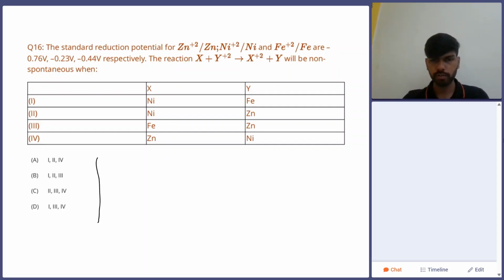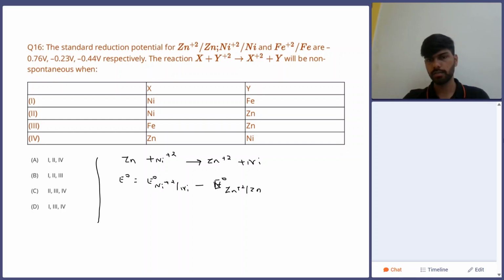Okay, so first of all we can say if we have Zn + Ni2+, it gives us Zn2+ + Ni. E naught, if you calculate, is equal to E naught of Ni2+ to Ni minus E naught of Zn2+ to Zn.